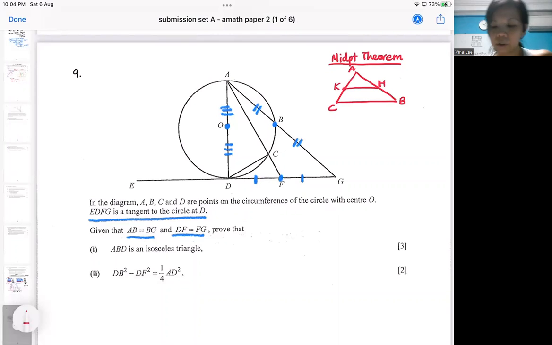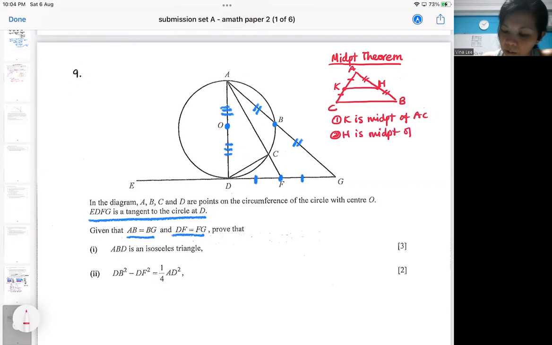The first condition is K is the midpoint on the left side. And then H is also the midpoint on the right side. So I visualize it as the midpoint on the left and the midpoint on the right. The theorem needs these two conditions.